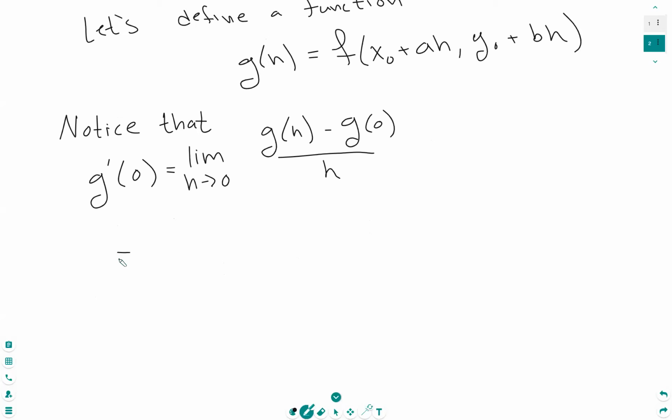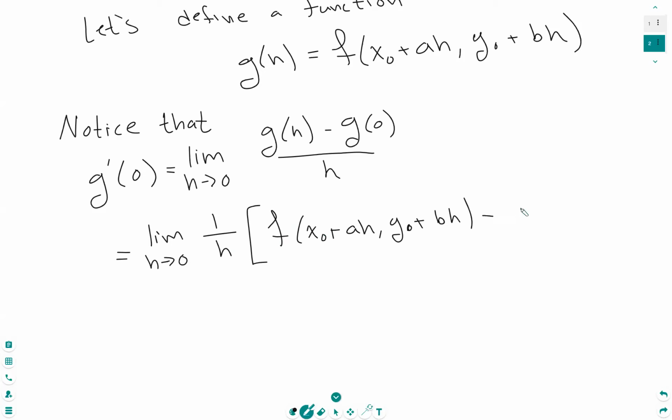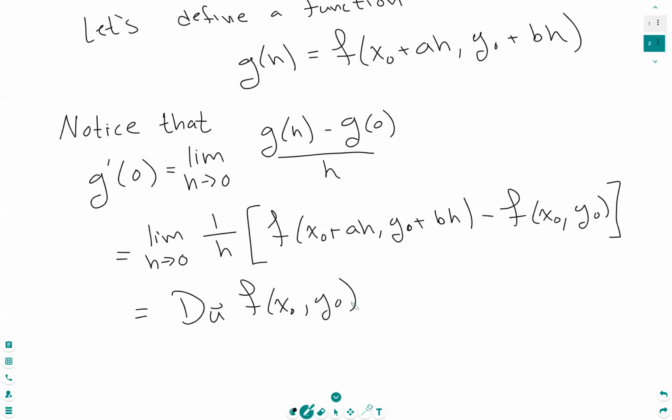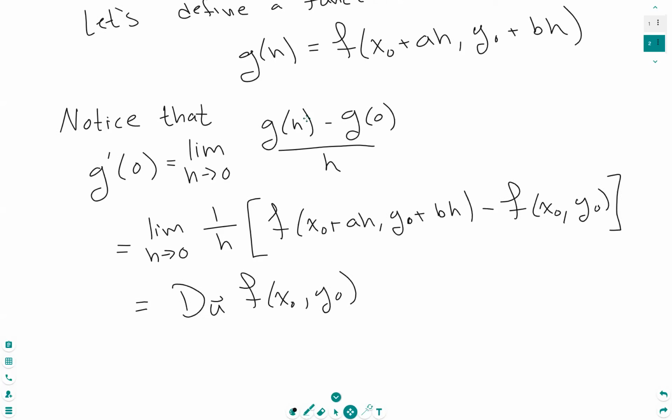We can also write this, by plugging in our definition for g, as the limit as h goes to 0 of 1 over h times f at x naught plus a h, y naught plus b h, minus g at 0, which would just give us f at x naught and y naught. But this thing here, we just said, was the directional derivative in the u direction at x naught, y naught. So this g function and its derivative at 0 is very closely related to this directional derivative.